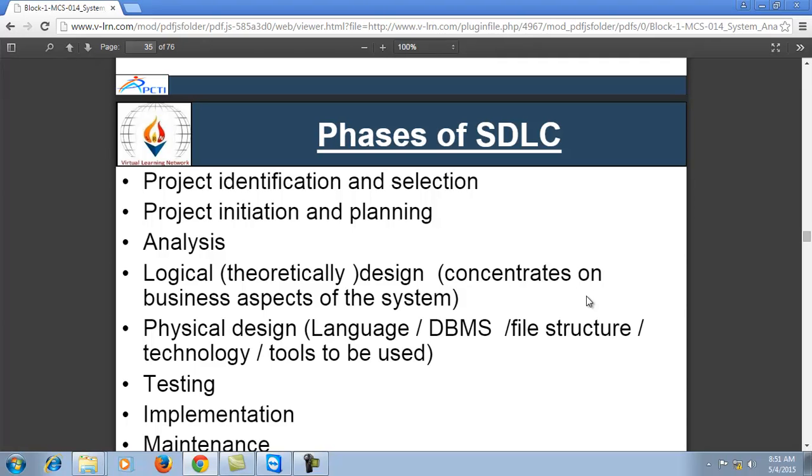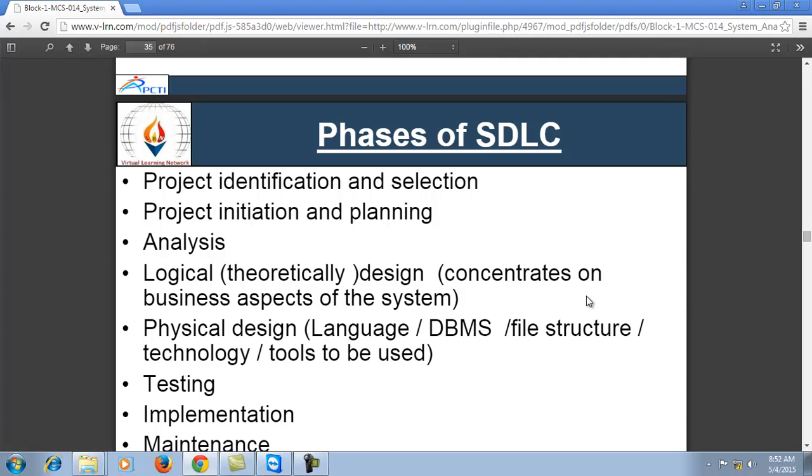Yes, whatever work we are doing, we are doing because of the monetary gains for the organization. And the most important one is time. Time means the proposed system should be ready to deliver to the customer within the stipulated time period, right?